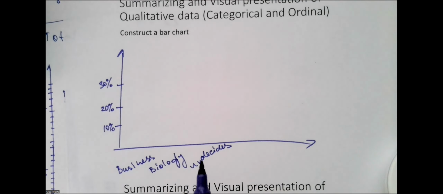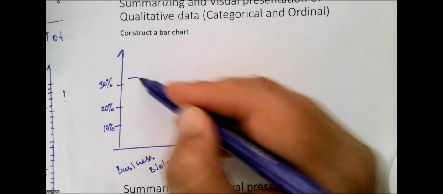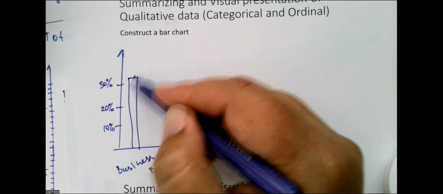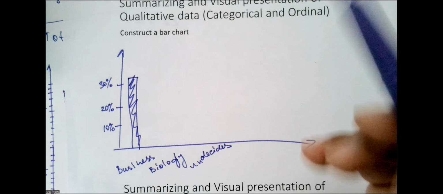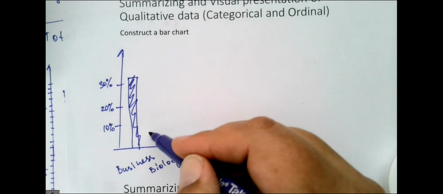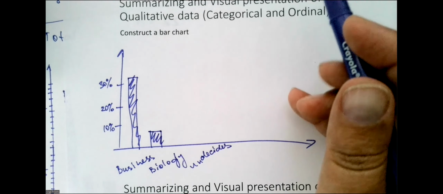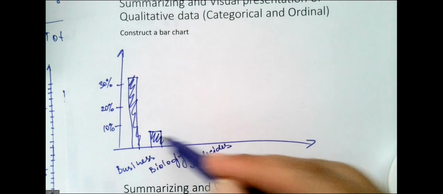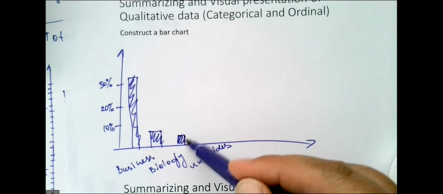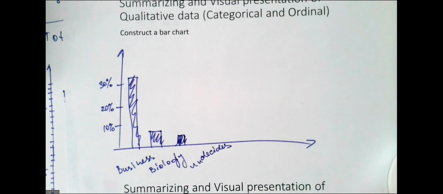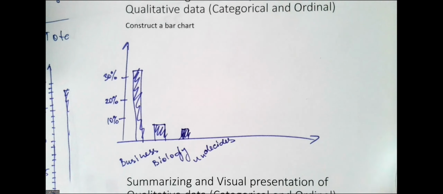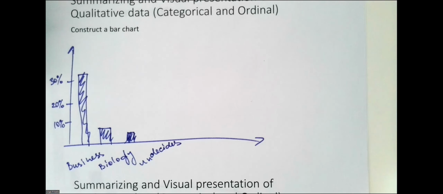Now, for the first category, business, we had about 33%. So my bar would go up to about 33 for business. Okay, for biology, I had 7%, so it's going to go up to 7. For undecided, I had 5%, so it's going to go only halfway between 0 and 10, and so forth. We're going to continue doing this for the rest of our majors.